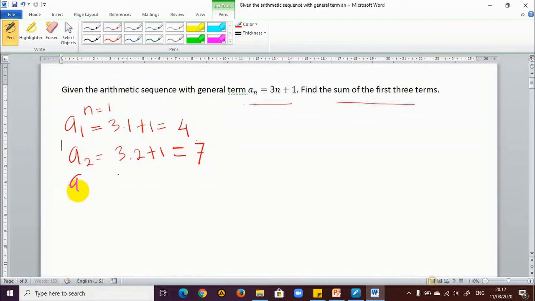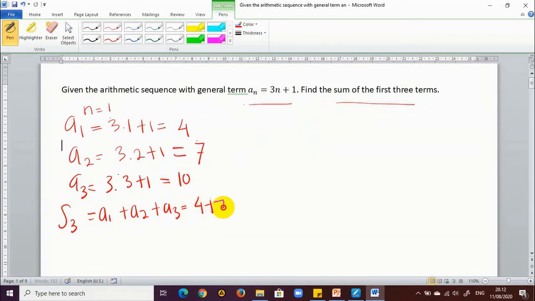And then the third term is 3 times 3 plus 1, which is 10. Because we are asked to find the sum of the first three terms, we can write the first term plus the second term plus the third term: 4 plus 7 plus 10 is equal to 21. So here it's easy, yes, because they're just asking about the first three terms.